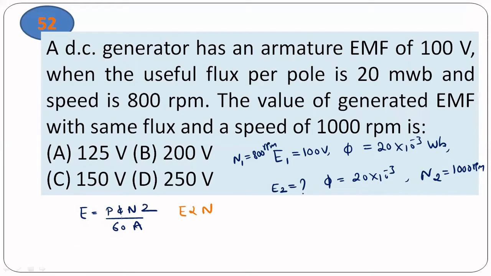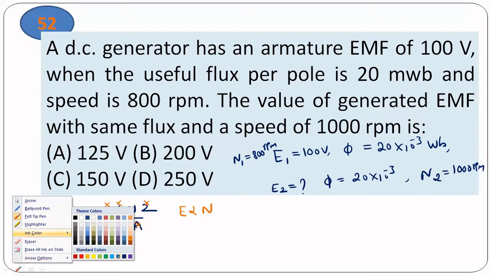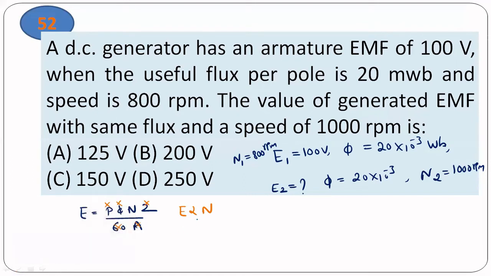So since E is proportional to N, P is not given, and flux remains constant in both cases, we can neglect these. Z is not given, this is a constant. Now as E is directly proportional to N, we can have a ratio E1 by E2 is equal to N1 by N2.